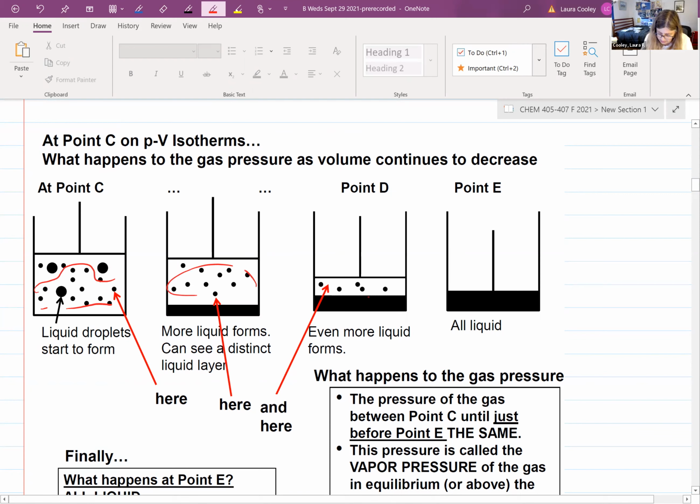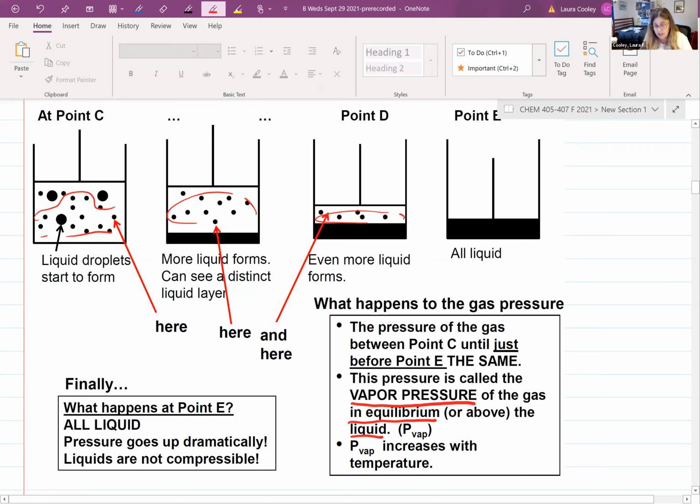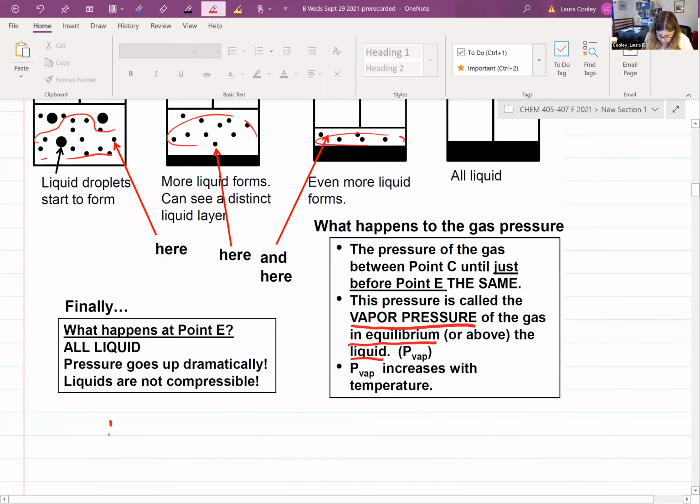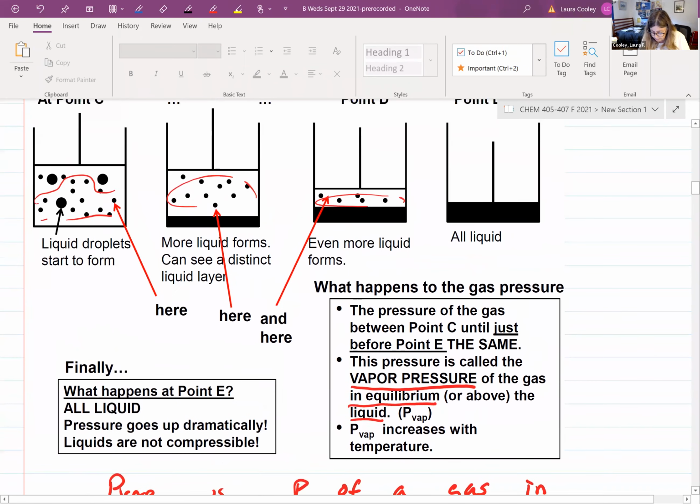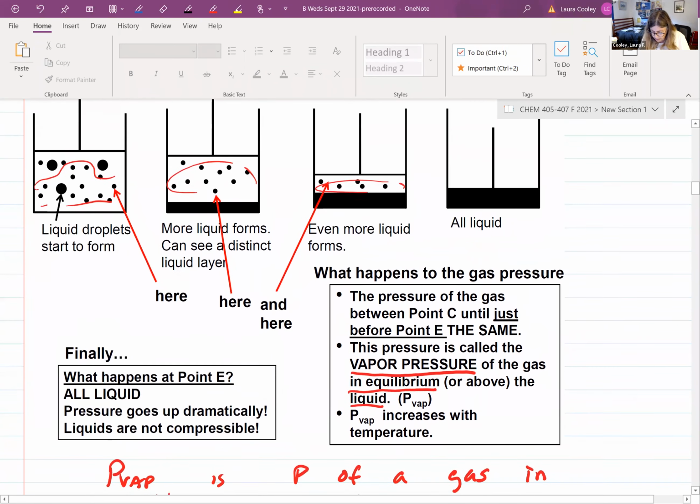It's the pressure of a gas in equilibrium with its liquid. So P vap, the vapor pressure, is the pressure of a gas in equilibrium with its liquid. So we could say the pressure above the liquid. And that pressure stays the same.